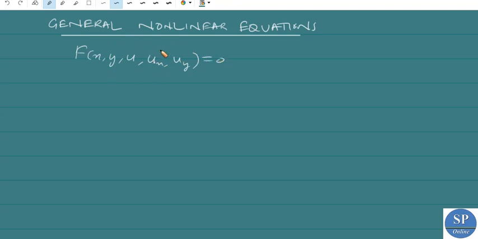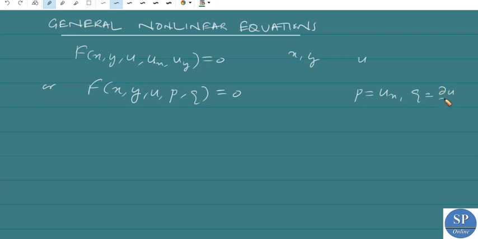That is, a general first order PDE in two independent variables x and y and one dependent variable u has the form f(x, y, u, u_x, u_y) = 0, or it can be represented as f(x, y, u, p, q) = 0, where p = ∂u/∂x and q = ∂u/∂y.